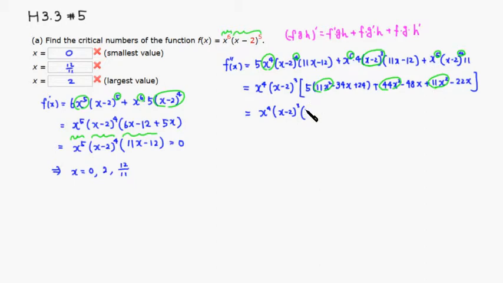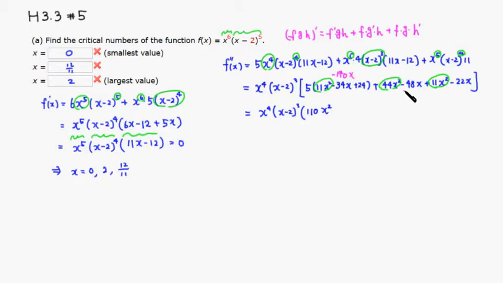So that would be 110x squared. Then 5 times negative 34, so 4 times 5 is 20 and 3 times 5 is 15, so it's going to be negative 170x.